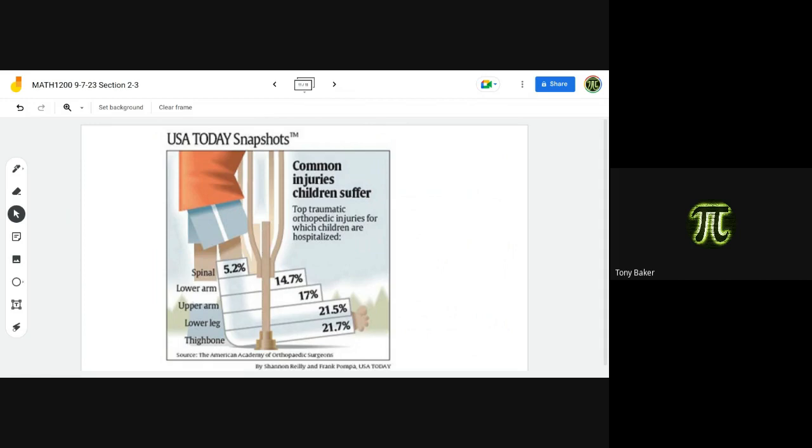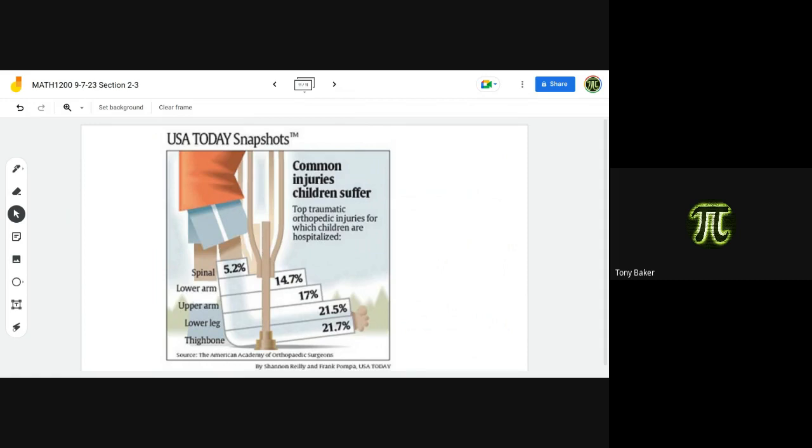You said what's misleading about it though. It says the top traumatic orthopedic injuries for which children are hospitalized. It doesn't say if this is out of all children or if it's just out of children that are hospitalized. If you're looking at this and it says common injuries children suffer, I'm going to look at it and say this is all children. So that means 81% of children break a bone.